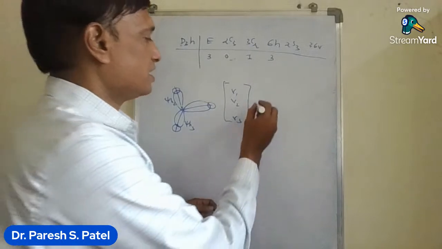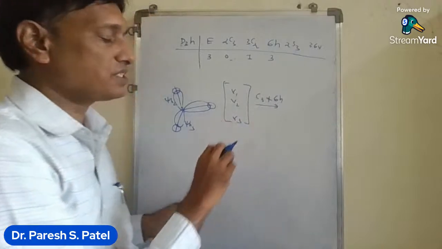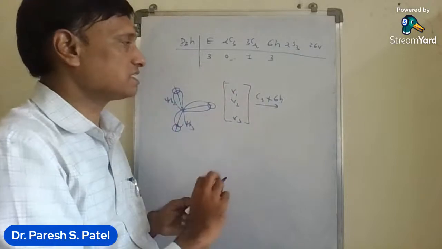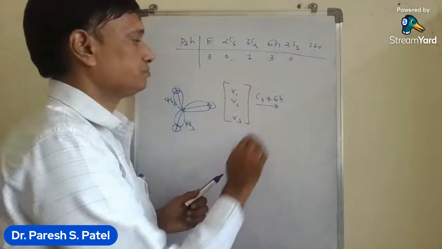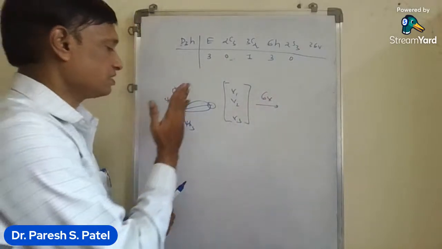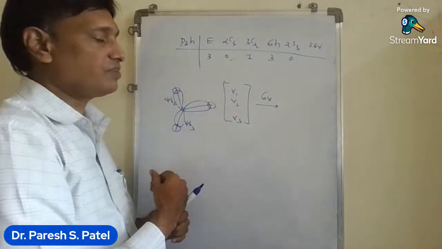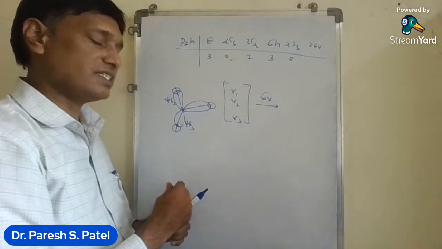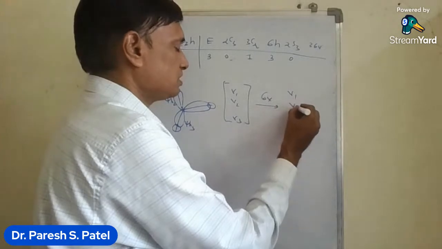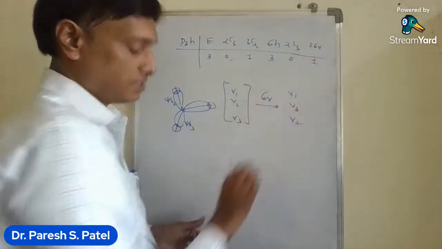We already discussed that if we operate C3, the position of all the vectors will be changed, and sigma h leaves them as they are, so the character is 0. For sigma v, this is one sigma v, second sigma v, third sigma v. By operating sigma v, the position of one vector remains as it is and two will be interchanged. Suppose V1 remains as it is, V2 and V3 will be interchanged. So the character is plus 1.